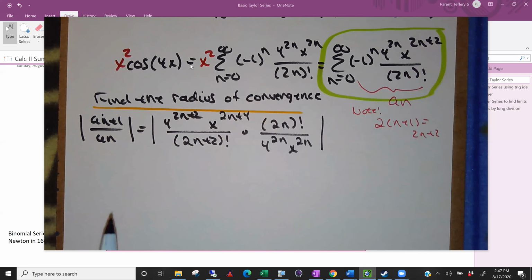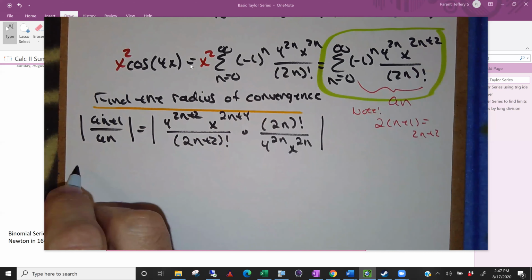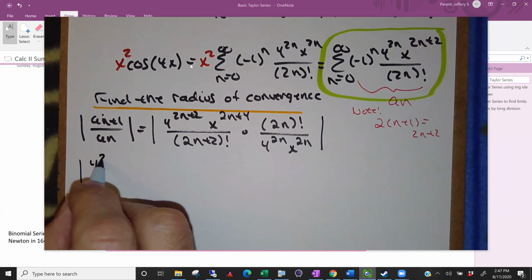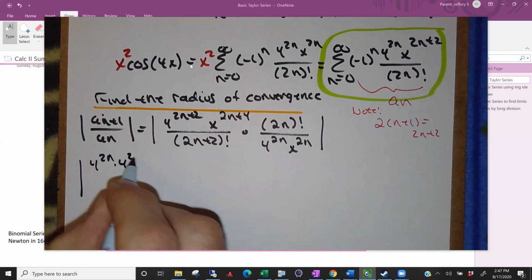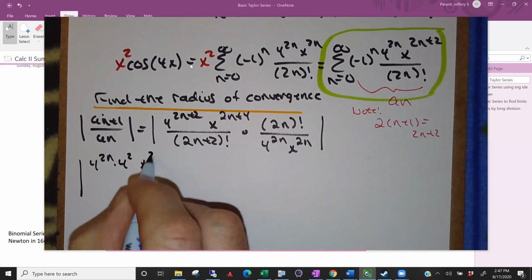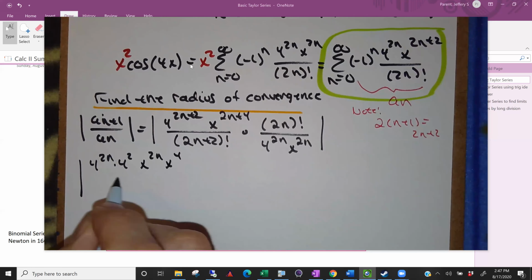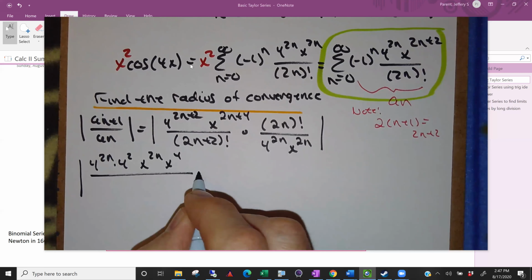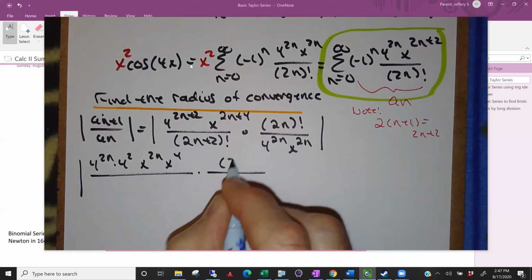All right, so let's rewrite this. I'll write that as 4 to the 2n times 4 squared, x to the 2n times x to the 4th, over 2n factorial.